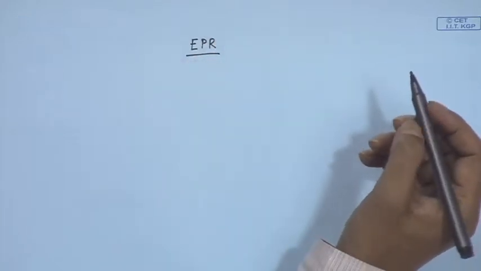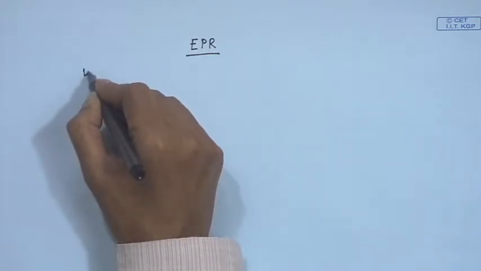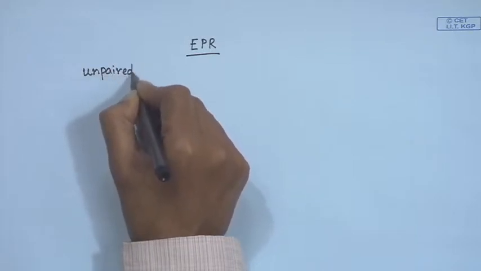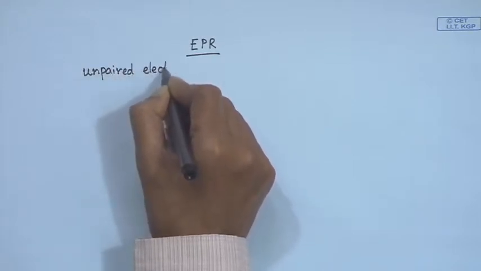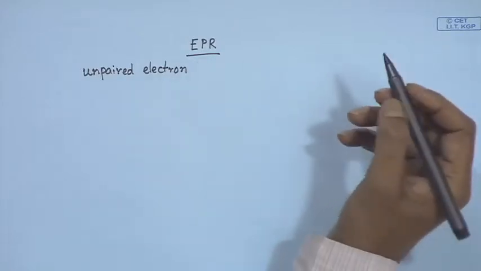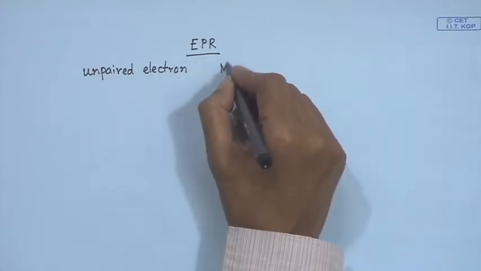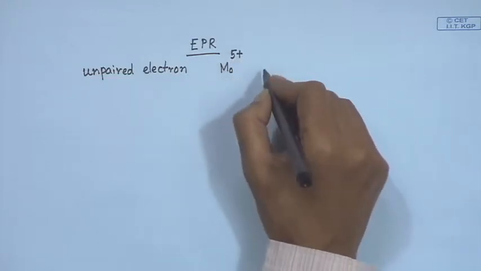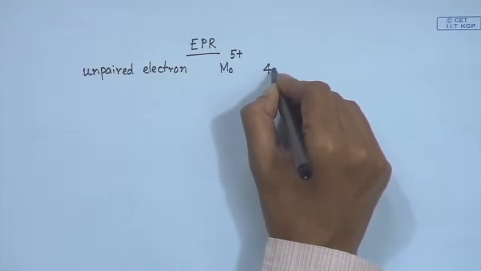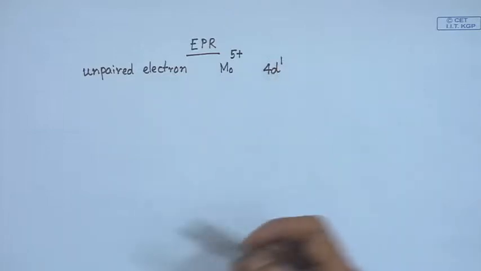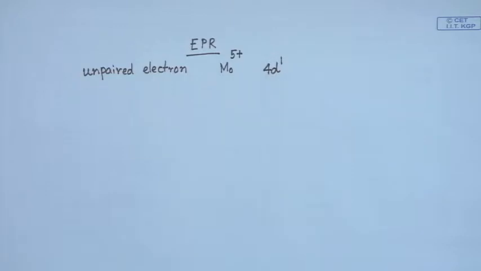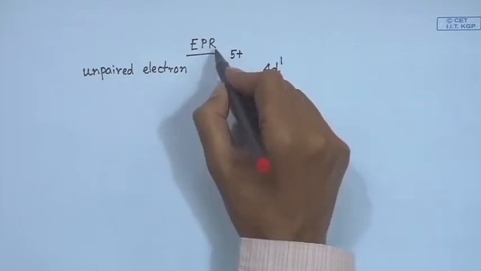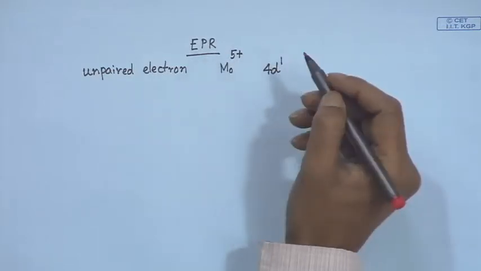Electron paramagnetic resonance applies if we have an unpaired electron in the system, like what we are going to detect for pentavalent molybdenum, whose outermost electronic configuration is 5d1. So, this unpaired electron can be detected by the corresponding EPR technique.